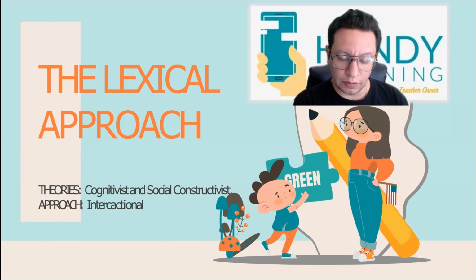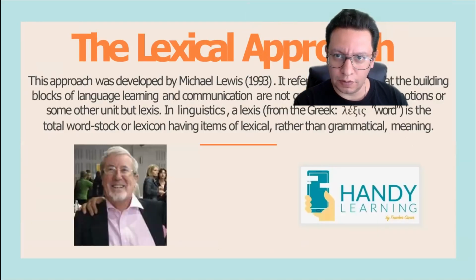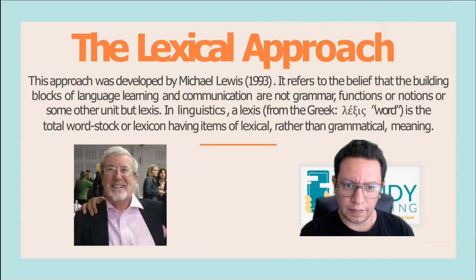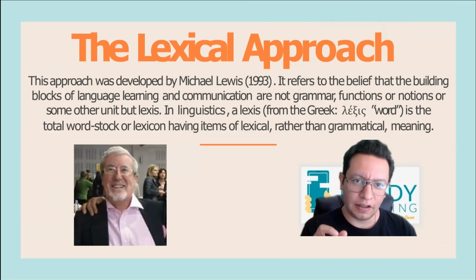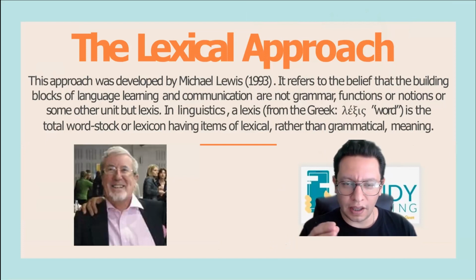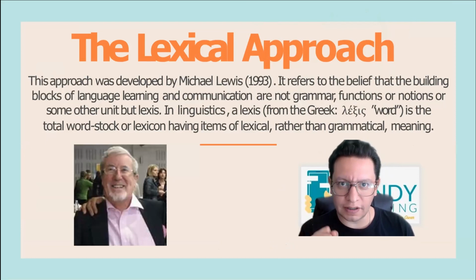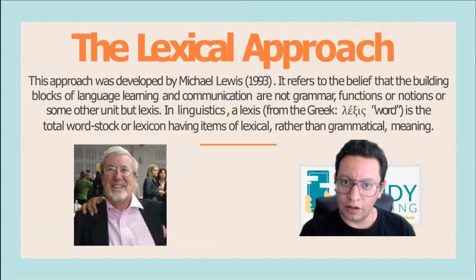In order to do this, the lexical approach created by Michael Lewis in the 90s tries to approach the language from a building perspective. And when I say building, I refer to the fact that the language is divided into different lexical sets, as they call them.